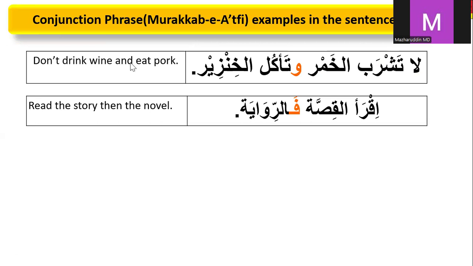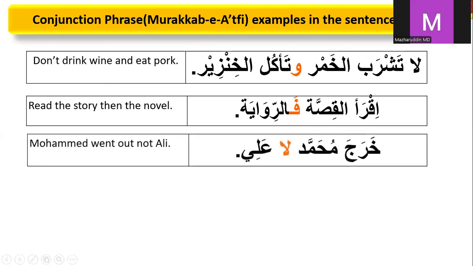Wa, waw atf, that is and. Read the story, then the novel, that is fa. La is also one more conjunction.